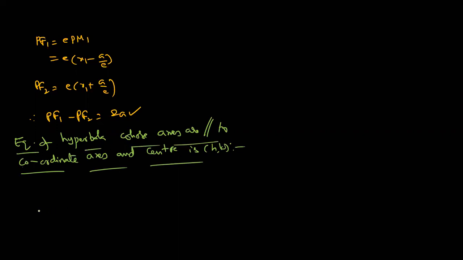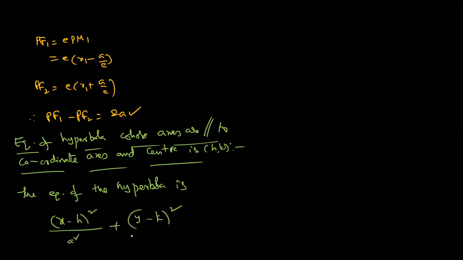So what is the meaning here? The equation of the hyperbola is x minus h whole square by a square minus y minus k whole square by b square is equal to 1, where a is greater than b. Fine. So what is the center here? It's (h, k), already given.